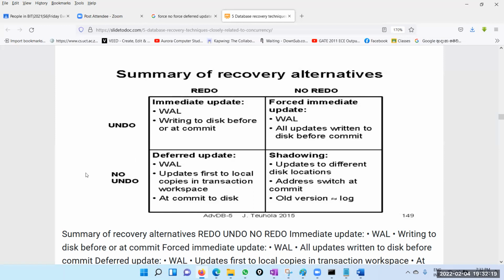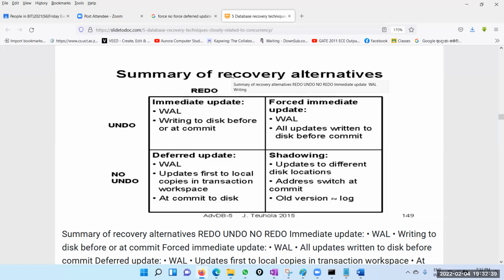No undo means no stealing, because stealing is what you have to undo. But redo is needed means you go for no force. If it is no force, you have to redo, because if it is force, at commit it is flushed.